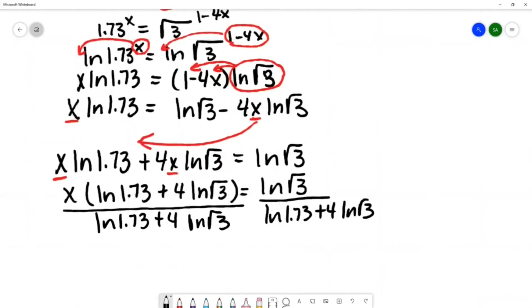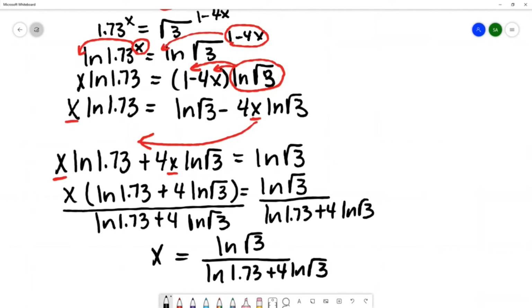So this is going to give x equals natural log square root of 3 over natural log 1.73 plus 4 natural log square root 3. So I have my solution. This is called the exact value of the solution, and it's exact because you're not rounding at all. When I type this into my calculator, it's going to give me the approximate solution, which is going to be rounded and have a little bit of error, and that's why we don't call that one exact.